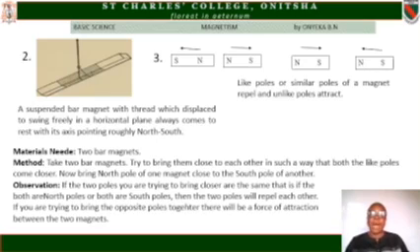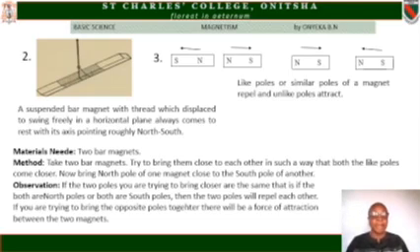If you are looking at it experimentally, you take two bar magnets and try to place them close to each other in such a way that both like poles come closer. Now bring the north pole of one magnet close to the south pole of the other.